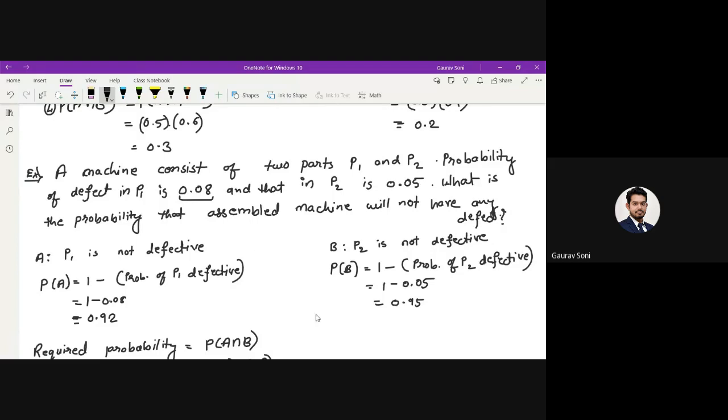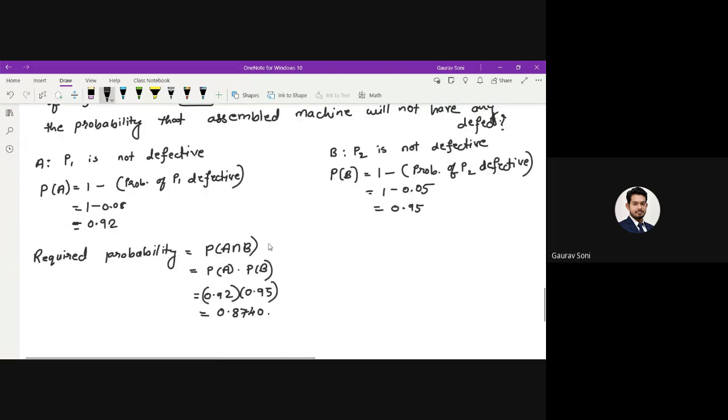A machine is going to be defect free if and only if there is no defect in P1 and there is no defect in P2. I have defined my event A as there is no defect in P1 and B as there is no defect in P2. So probability of A intersection B is going to give me the probability when my machine is going to be defect free. Clear?